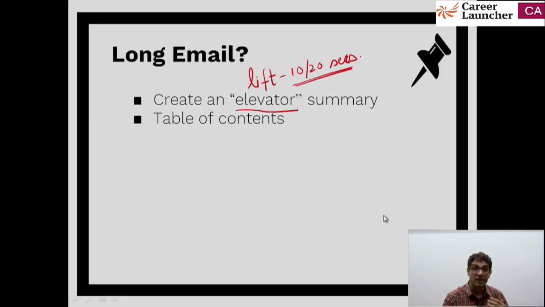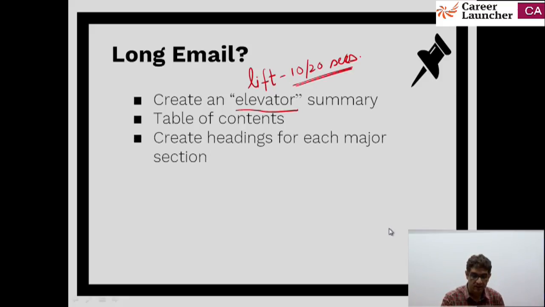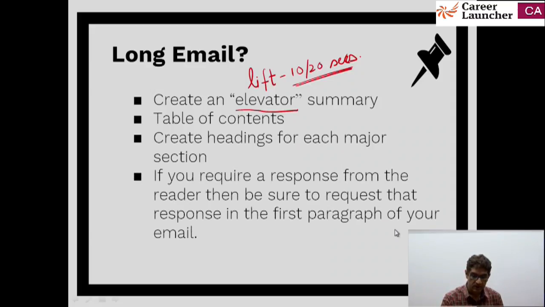Do include a table of contents, and then every item on that table of contents can become the heading for the subsequent sections. And in case you need a response, please make sure that you mention that in the very first paragraph. The reason is, it's a long email, right? You've heard of this syndrome that a lot of people nowadays are affected by.